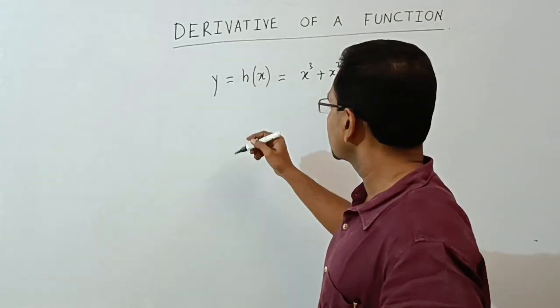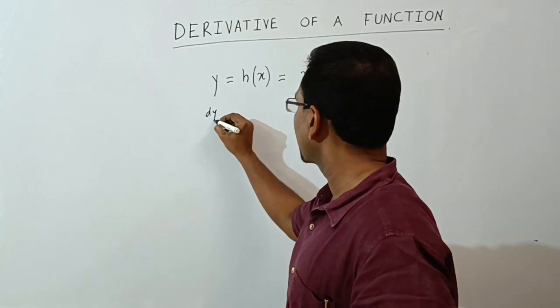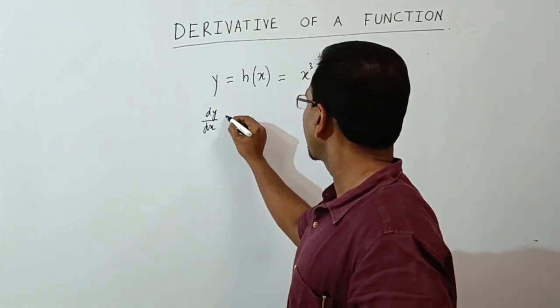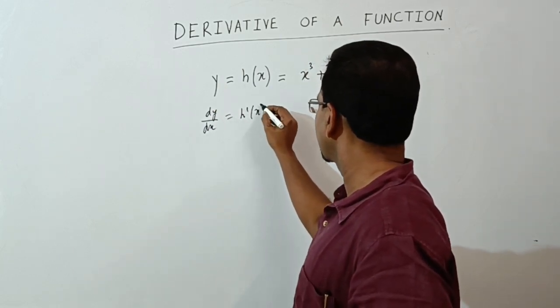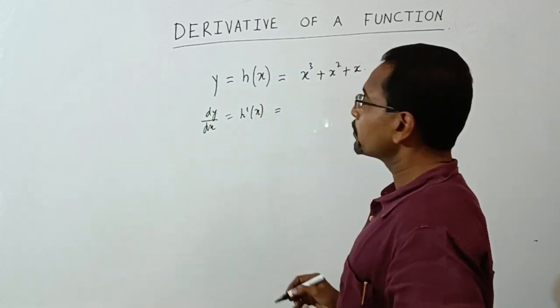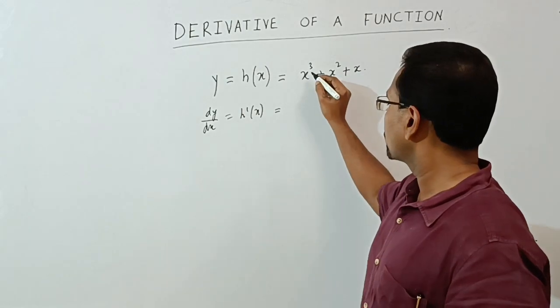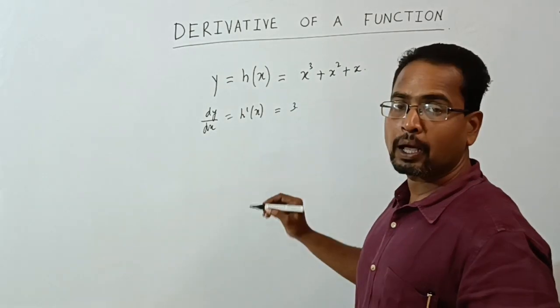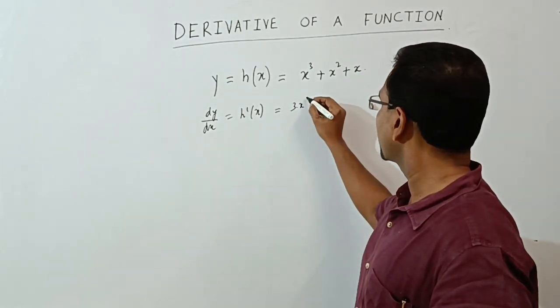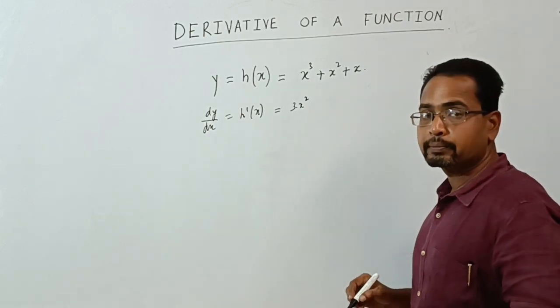To differentiate this, first of all I will write here dy by dx is equal to h dash x is equal to, now we are going to differentiate x cube. How will we differentiate x cube? First of all, the power of x will come in front, and the power of x will get reduced by 1 unit, so it will become 3x square.